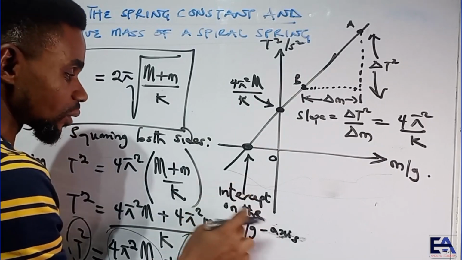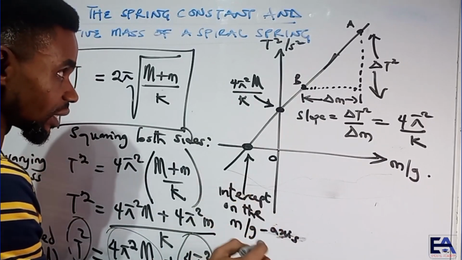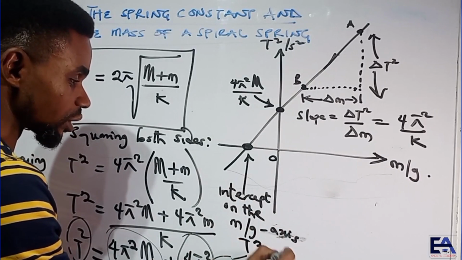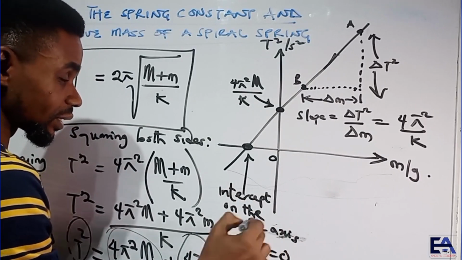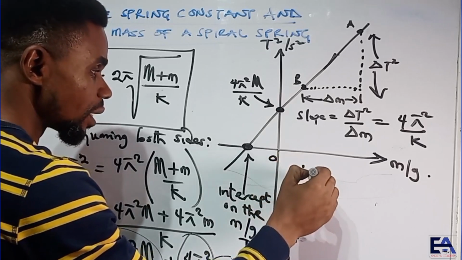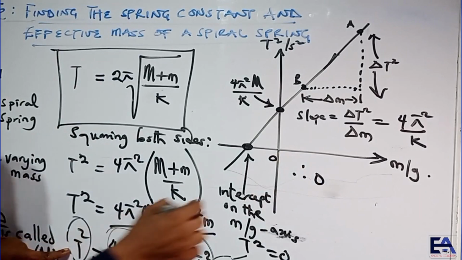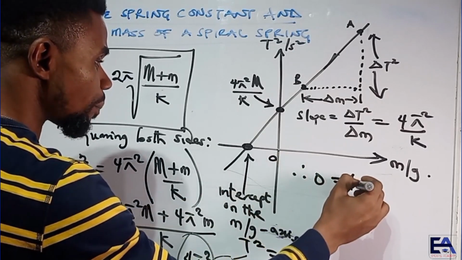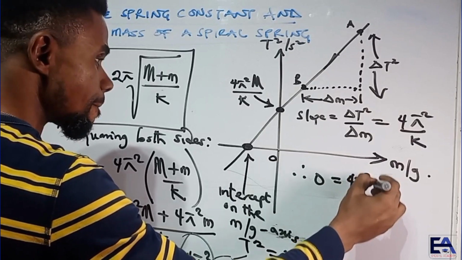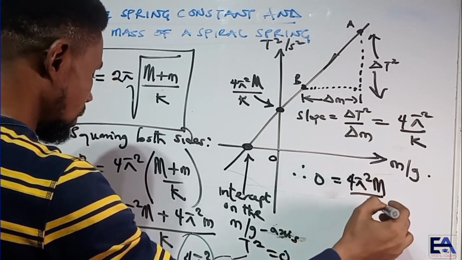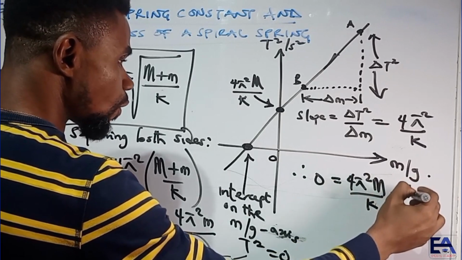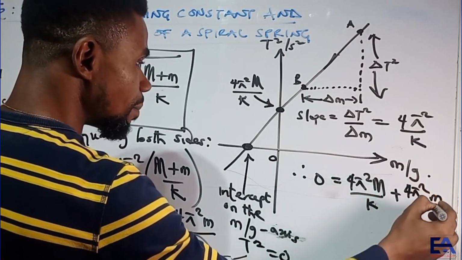So at the intercept on the m-axis, t squared is equal to 0. Therefore 0 is equal to 4 pi squared big M over k plus 4 pi squared small m over k.